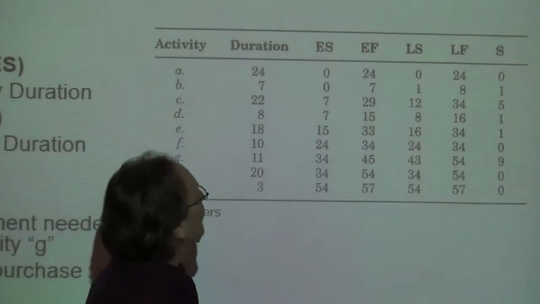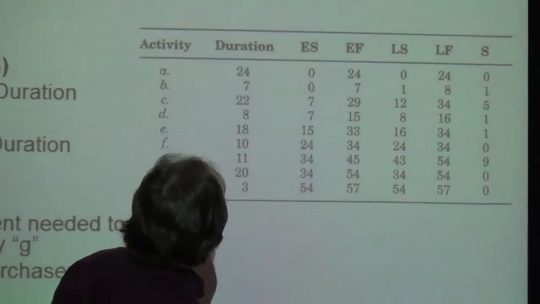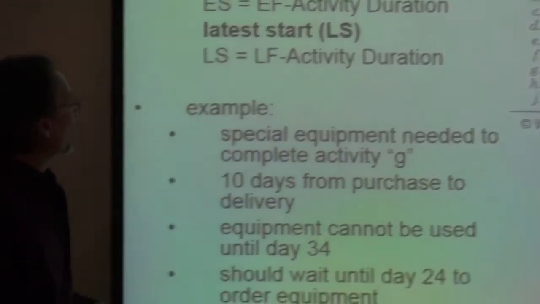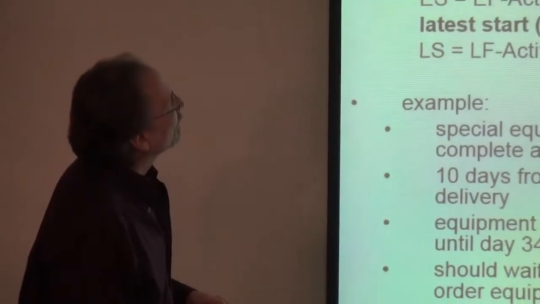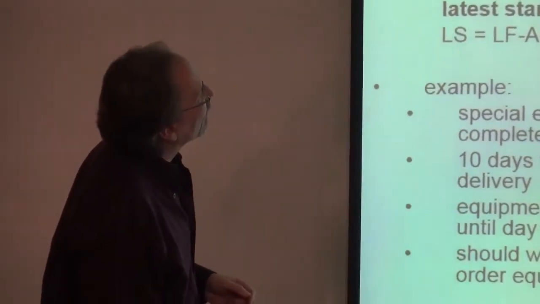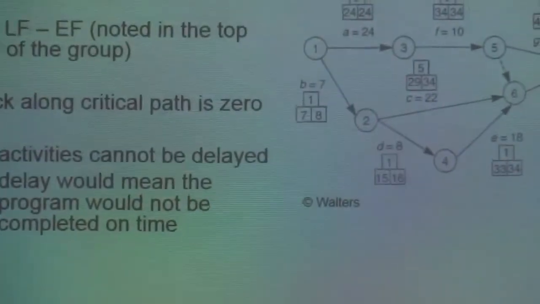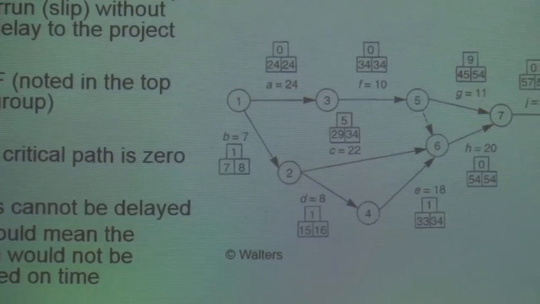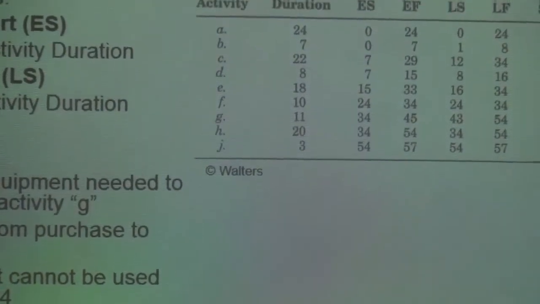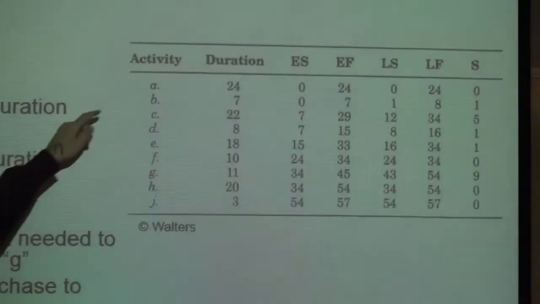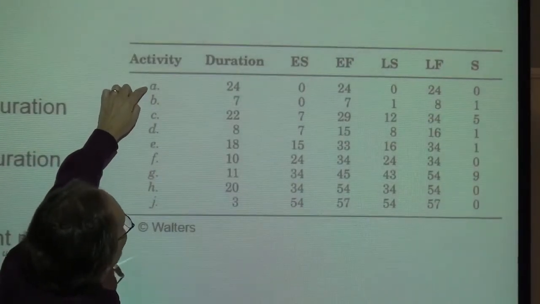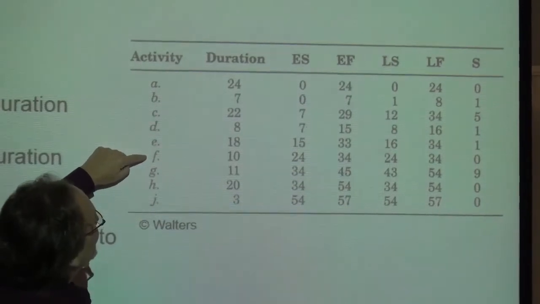And if you look along our critical path, which again was, let's see, AFHJ. Okay, so you look along AFHJ, you can find that the slack is 0 for each one of these.